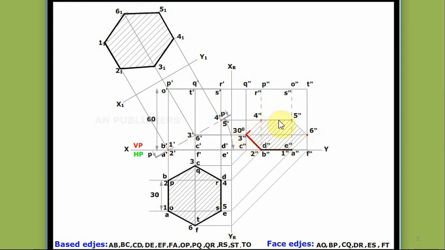Side view. Even the solid portion we need to make dark. Here also we need to make it dark. Here also we need to make it dark. So these are the very basic steps to draw sections of solids. I demonstrated just for understanding.